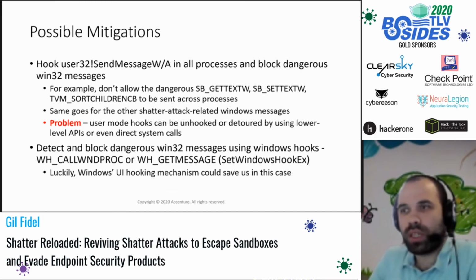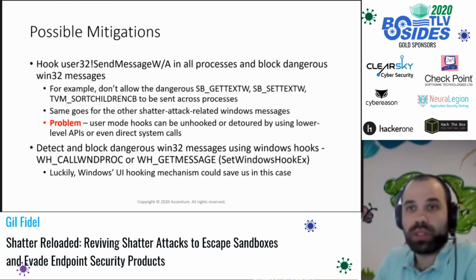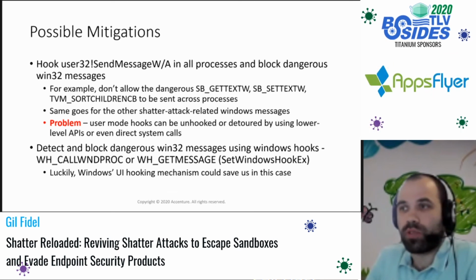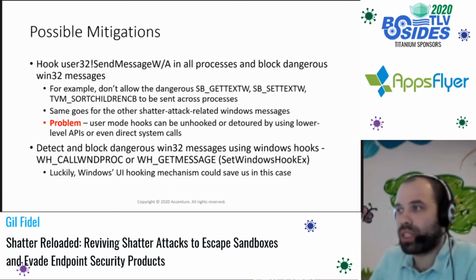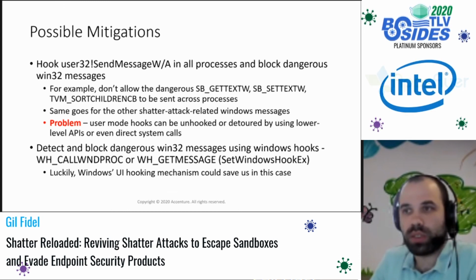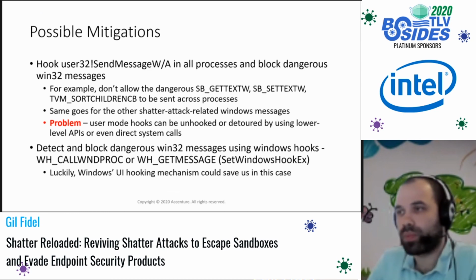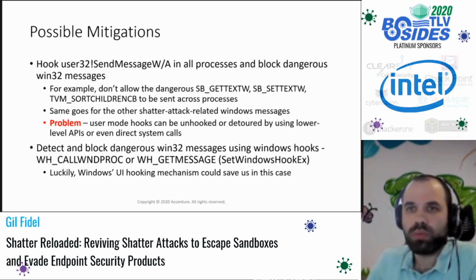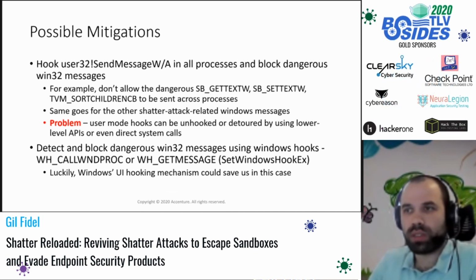But luckily for us, Windows actually does provide a very robust method for filtering Windows messages, which is the SetWindowsHookEx API with the appropriate WH hook types. We didn't implement it, but it should work. So I think that would be the best mitigation for this.